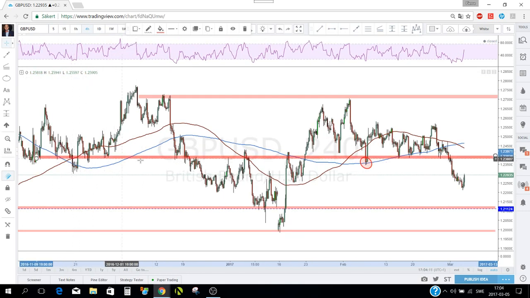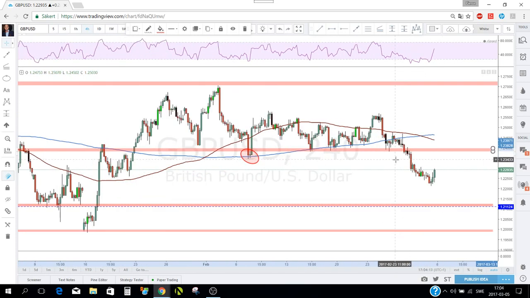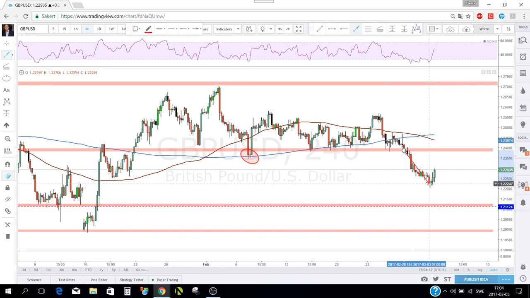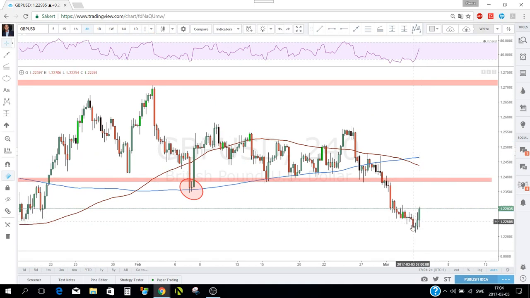So this is a major flip zone now, and price did go below, and now the price found support and started going up.